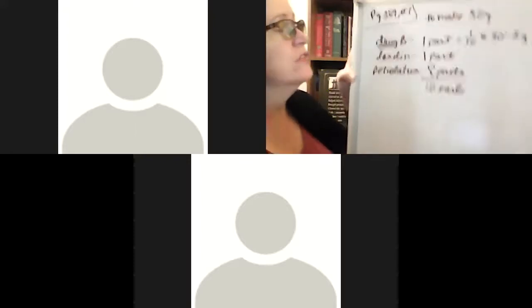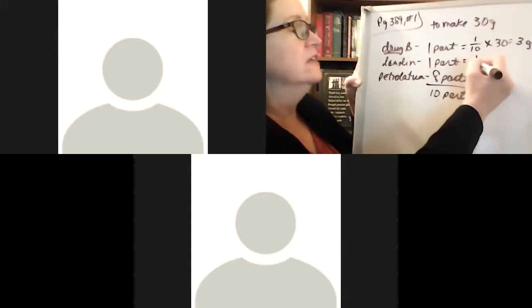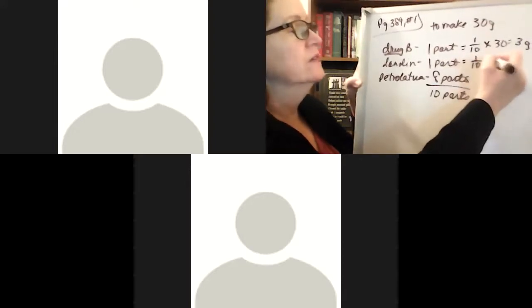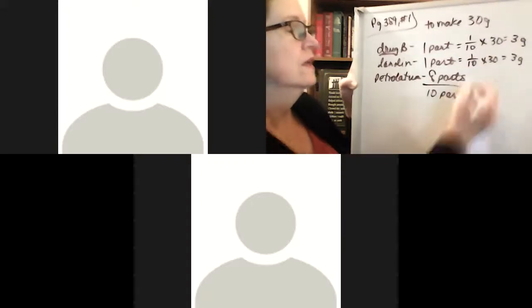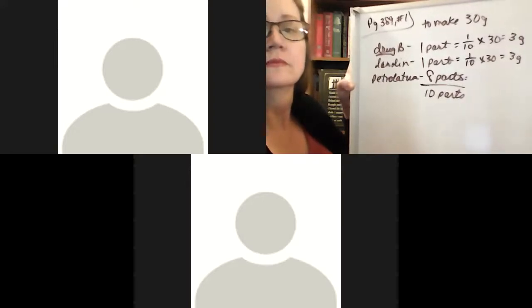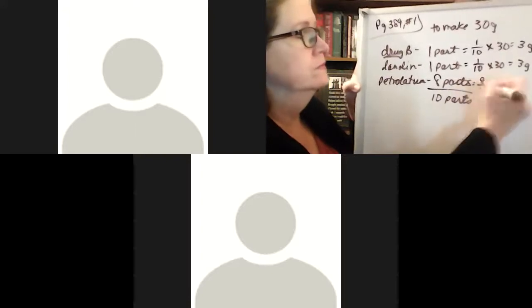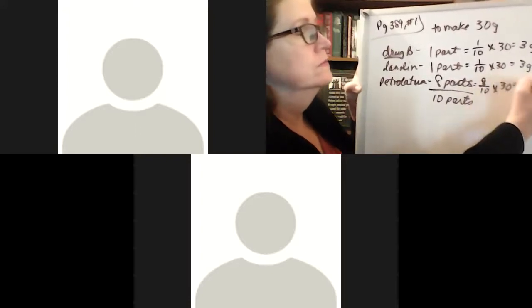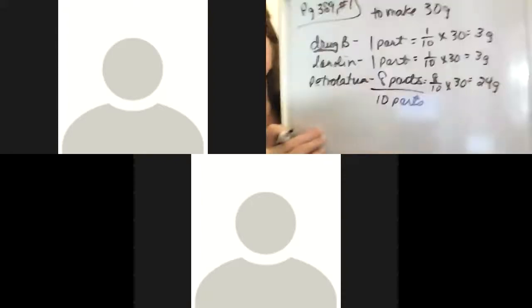So if it's going to be 3 grams of drug B, your math for the lanolin is going to be exactly the same, right? And then what do you do for the petrolatum? 8 divided by 10 times 30? Yep. It should be 24. That's what I got.